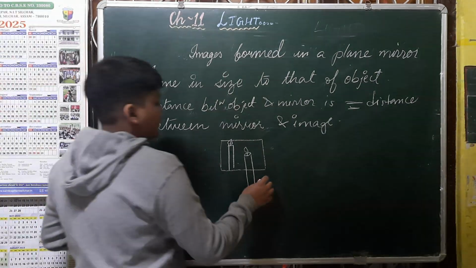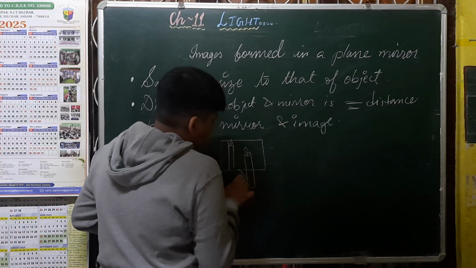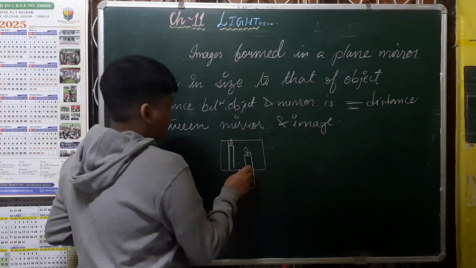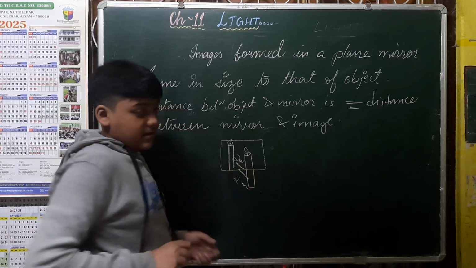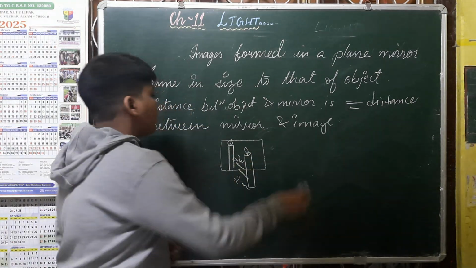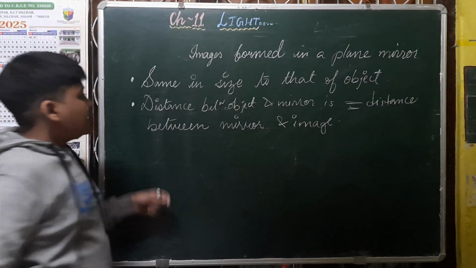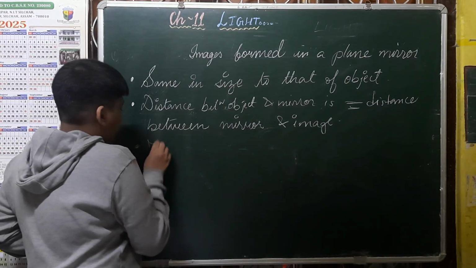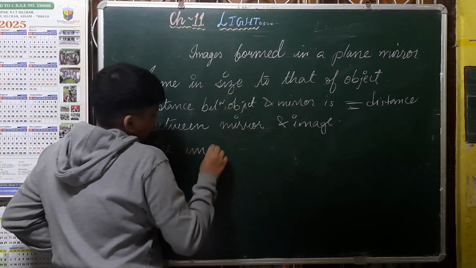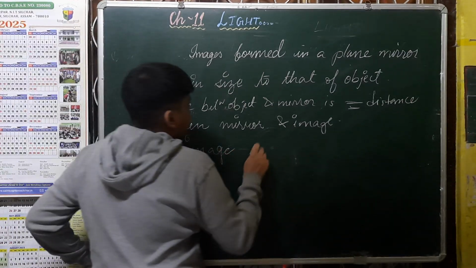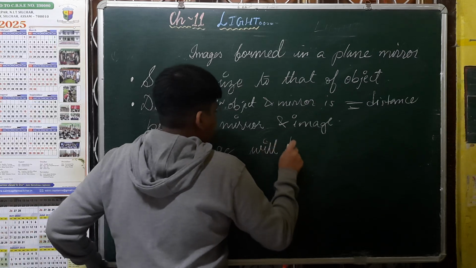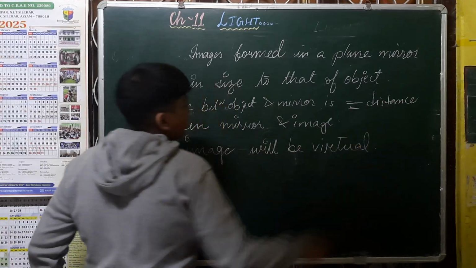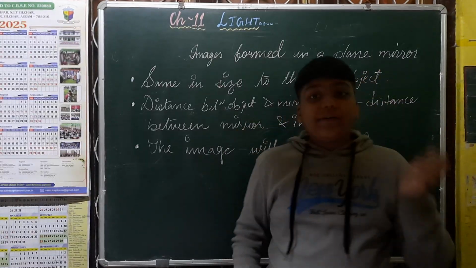If this object is 2 meters from the mirror, the image formed will also be 2 meters inside the mirror. It will be the same size inside the mirror. Then the image will be virtual. Okay, what is virtual?